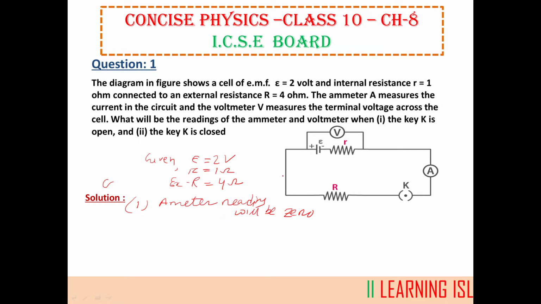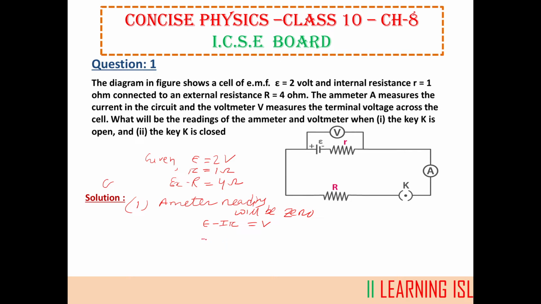Now what will be the voltage in the voltmeter, because the voltmeter is connected across the terminals of the cell. In the cell we know there is a formula: E minus current into internal resistance is equal to the voltage across the battery, which will be shown in the voltmeter.